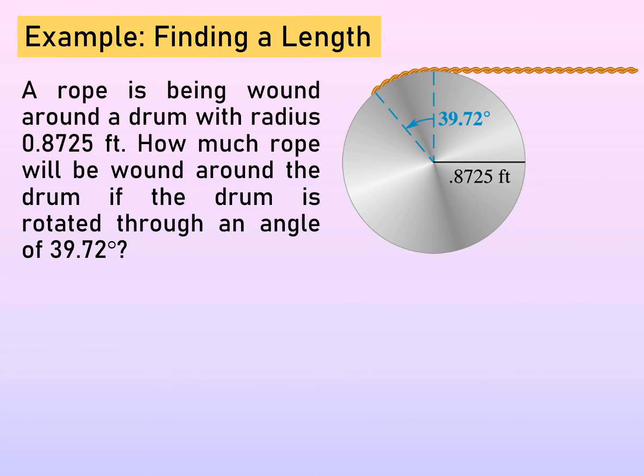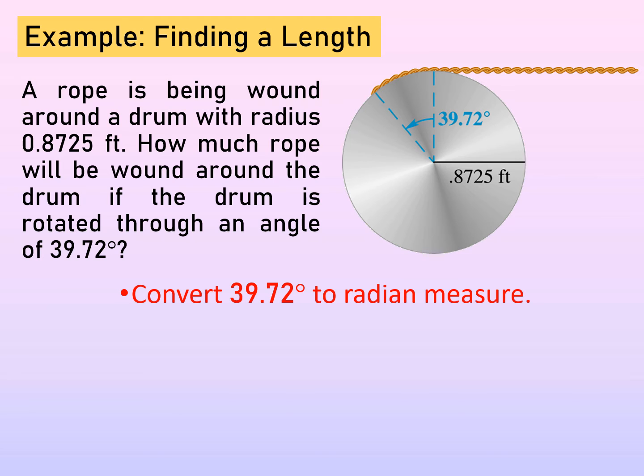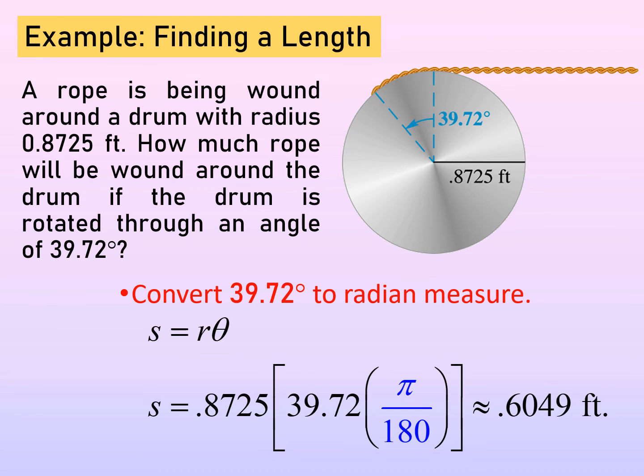Now let us have another one. A rope is being wound around a drum with radius 0.8725 feet. How much rope will be wound around the drum if the drum is rotated through an angle of 39.72 degrees? Since our central angle is in degree measure, we are going to convert it into radians.